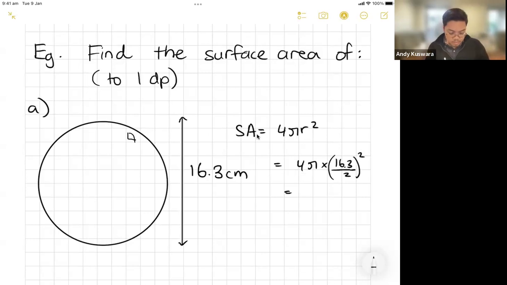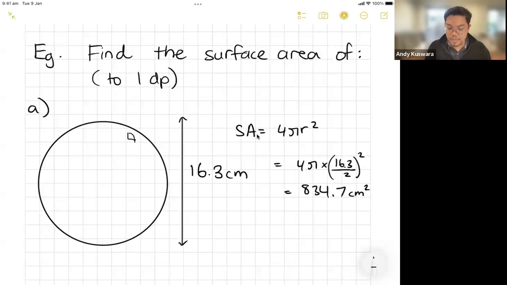To one decimal place, 4 times pi times (16.3 over 2) squared, the answer we get is 834.7 centimeters squared.